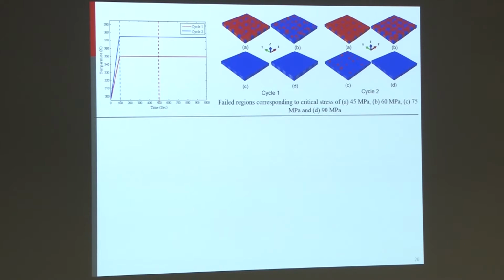And we noticed that for cycle 1, as the strength of the material increases, the extent of damage reduces, which is shown in red regions. The same behavior was observed for cycle 2, but between cycle 1 and cycle 2, we noticed that the damage regions increases for cycle 2. But which is intuitive.